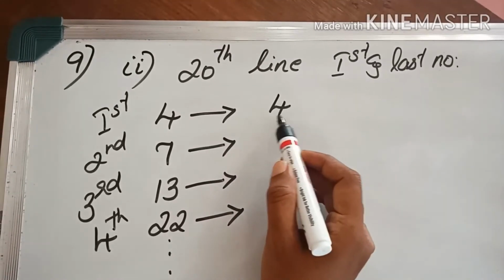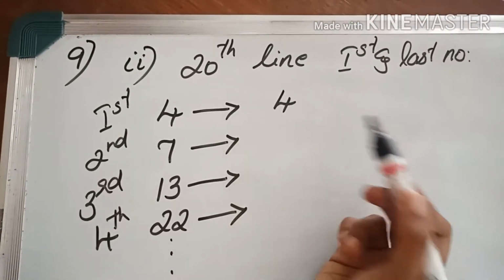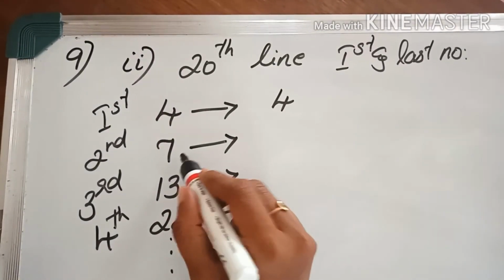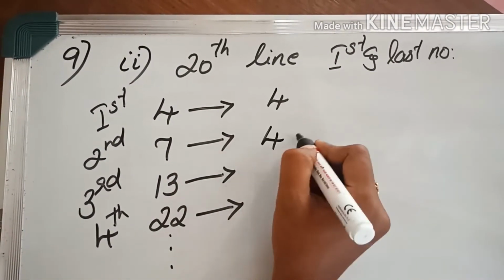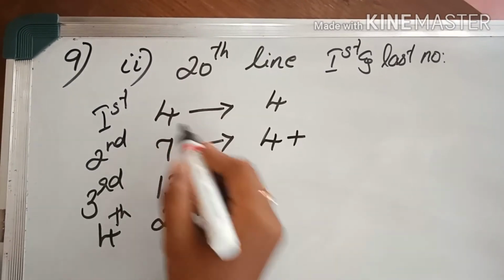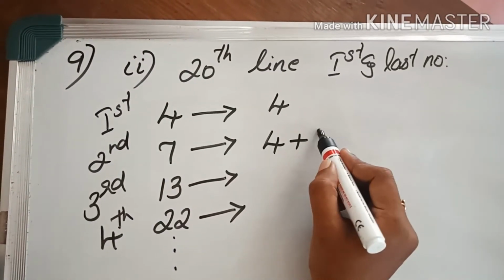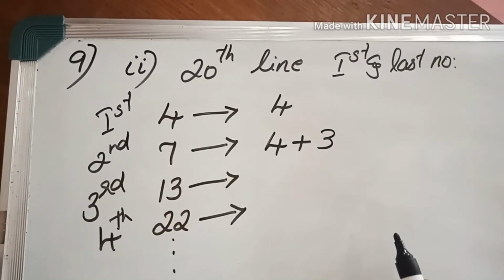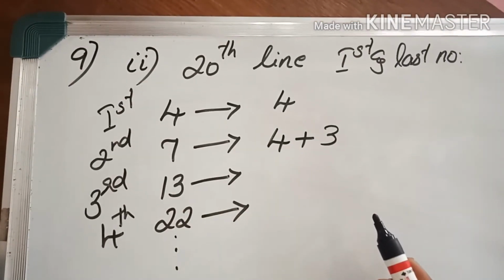So the first number is 4, which means no need to add any number. It's 4 itself. Now to get 7, what do we need to add to the first number? The starting number is 4. We have to add 3 to the first number. 4 plus 3 is 7.